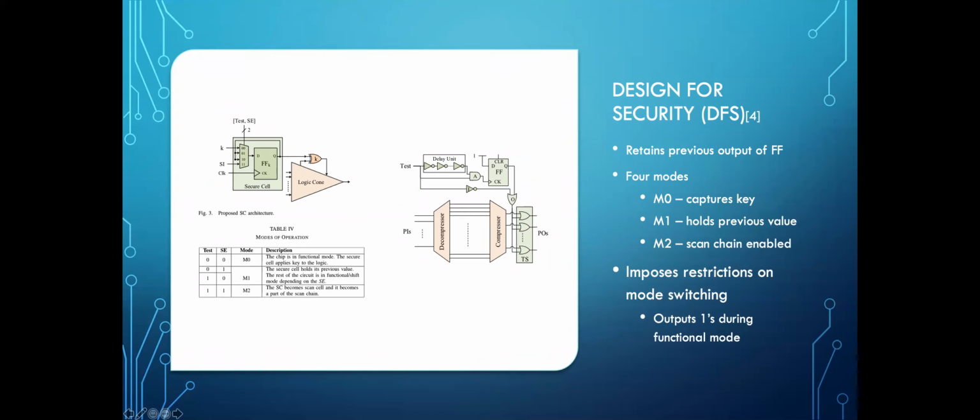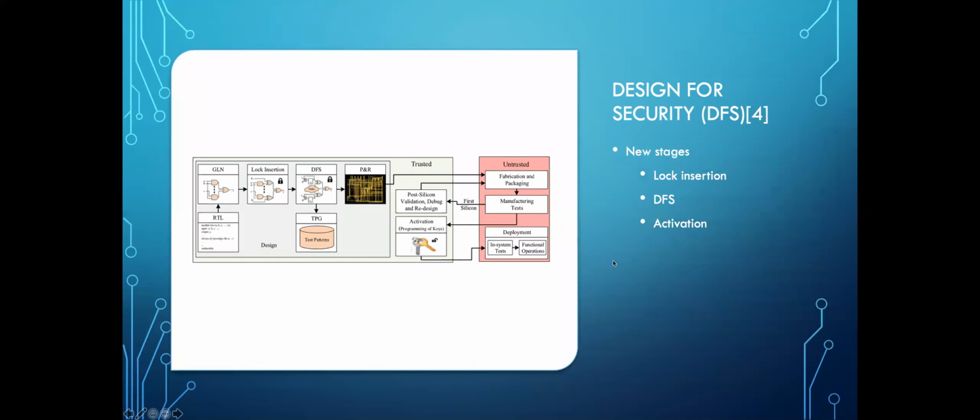Those are basically their guesses for the key bits. So this is the proposed design flow with 3 stages here, being the lock insertion, the DFS, the time for security, and the activation stage.